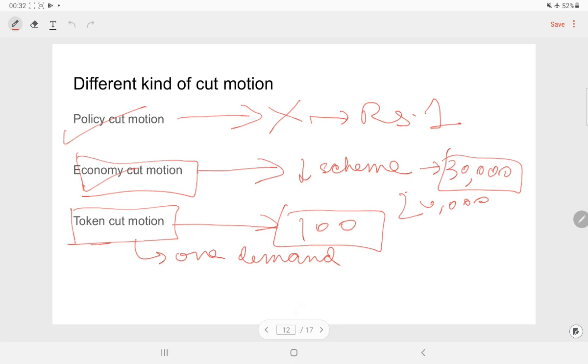Inside that voting there are different cut motions, but we know that cut motions are not that efficient when it comes to proving the majority, because the government enjoys the majority, so no one can go against the government, especially in cases of the budget. So this is not a practical approach, but still it is there so that accountability is met.